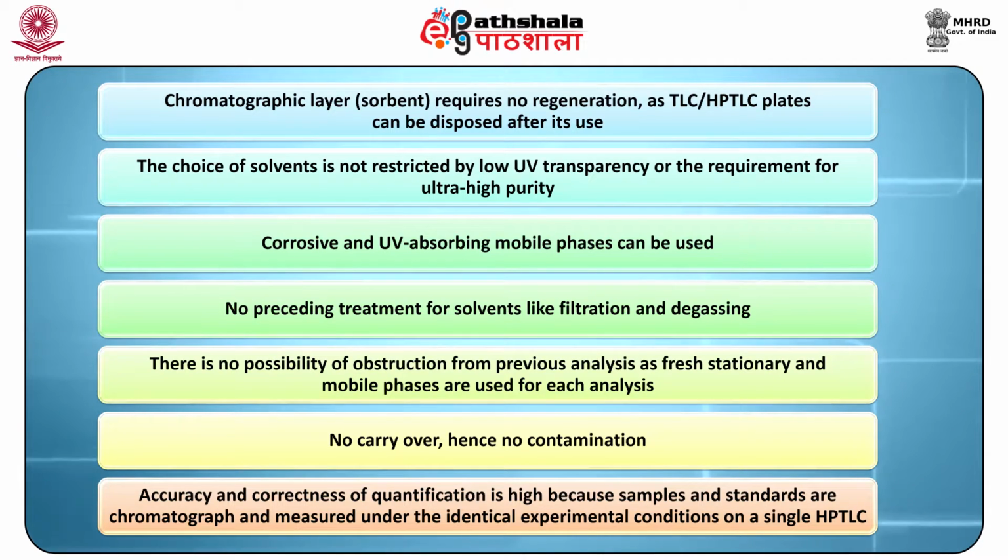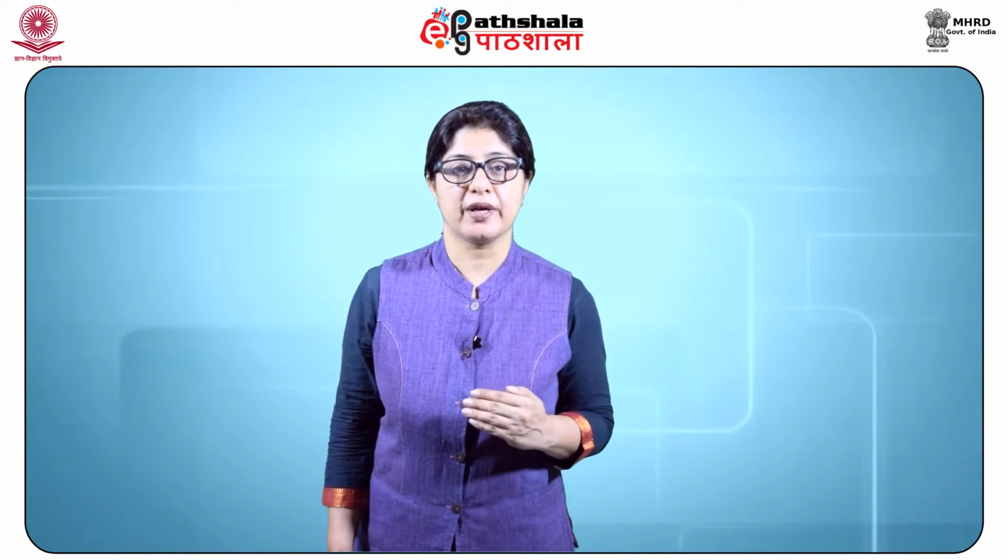Accuracy and correctness of quantification is high because samples and standards are chromatographed and measured under identical experimental conditions on a single HPTLC plate. Principle: HPTLC takes place in a high speed capillary flow range of a mobile phase. There are three main steps in HPTLC.